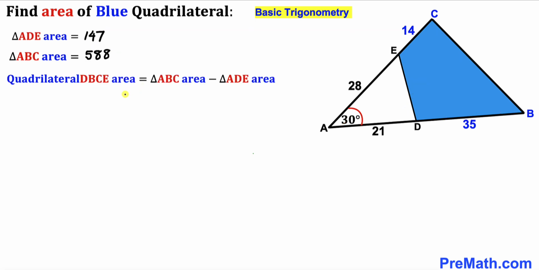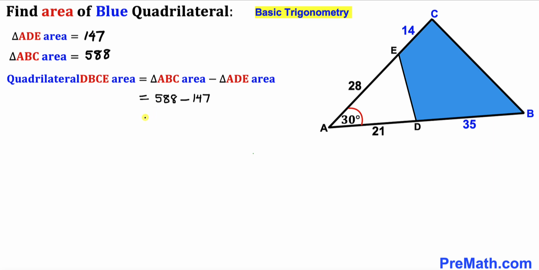And here's our final step. Let's calculate the area of this blue shaded quadrilateral DBCE now. We are going to fill in the blanks in this equation. The area of triangle ABC that we have just figured out is 588, minus the area of triangle ADE, which is 147.